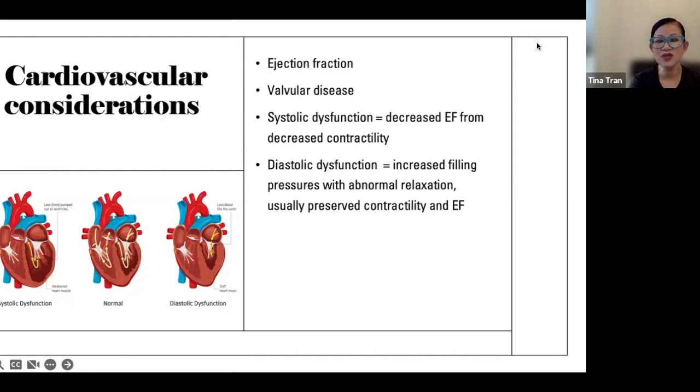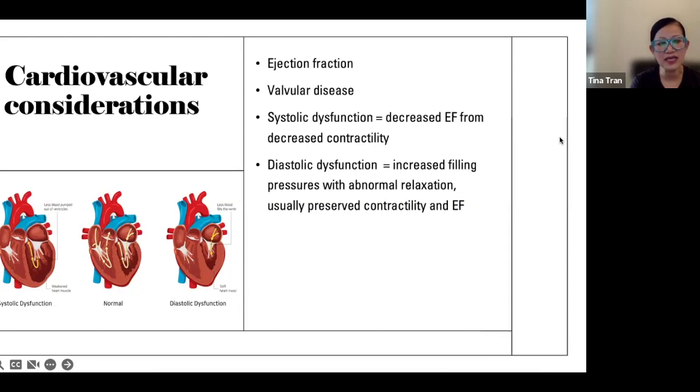Cardiovascular considerations are their ejection fraction, and hopefully if there are any changes, you have a history of a prior ejection fraction, and any valvular disease associated with a murmur or not. Oftentimes with systolic dysfunction, you have decreased ejection fraction from decreased contractility, so they might have a weakened heart muscle, whereas with diastolic dysfunction, you might have increased filling pressures with abnormal relaxation.